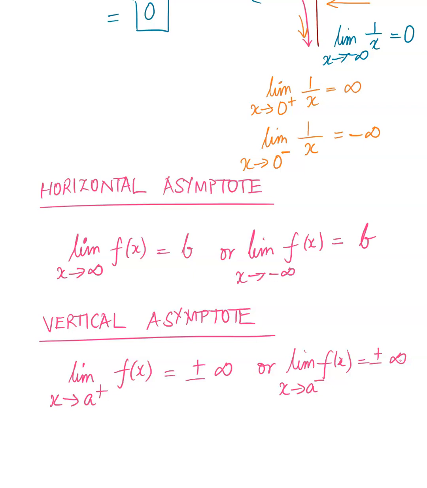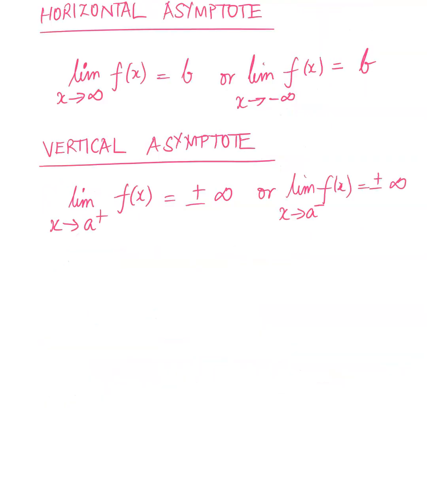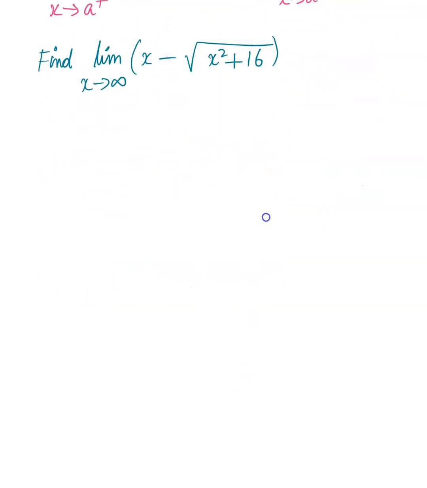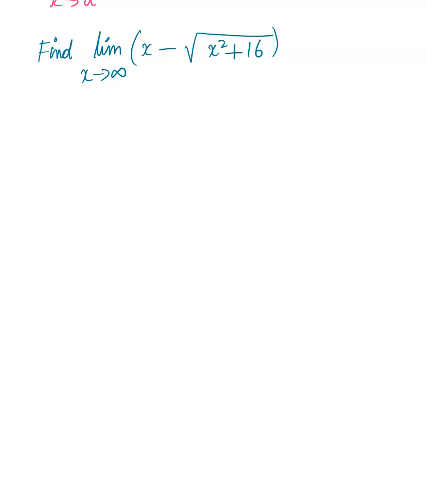Okay. So if we look at some examples on this, we can see that we can apply this information to reduce our limits. So let's say we're asked to find the limit of x minus the square root of x squared plus 16 as x approaches infinity. Okay. You must be curious to at least go back and check this on your calculator.